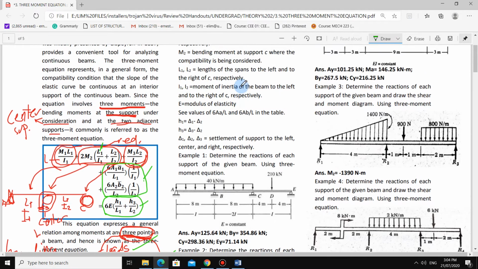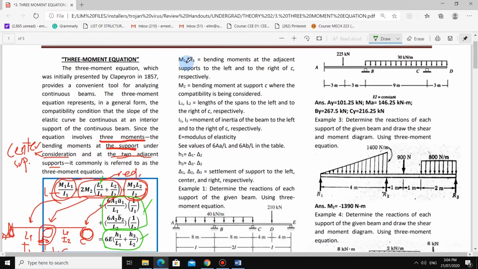So what about the notations above, guys? M1 and M3, I think I already explained this earlier. M1 and M3 are the bending moments at the adjacent supports to the left and to the right of C. What C means, guys, is the center, the center support. It is not point C, okay, it is not point C. C means the center support you are considering, which in our example is point B. So M1 is the bending moment at the adjacent support, which is MA in our example.